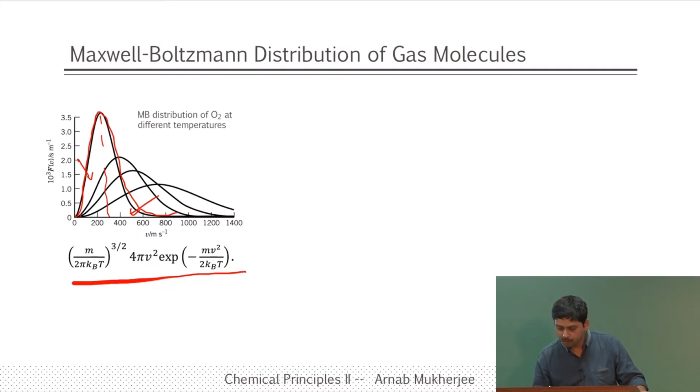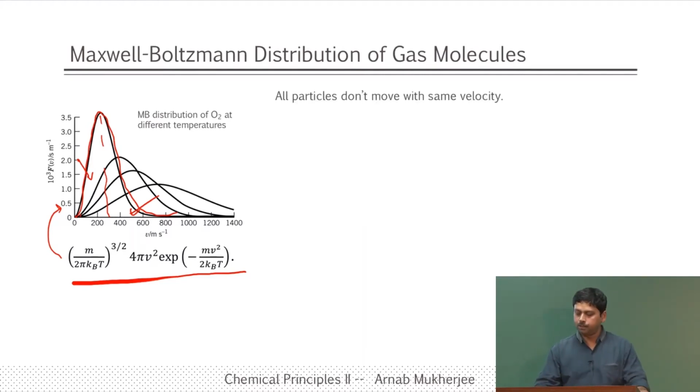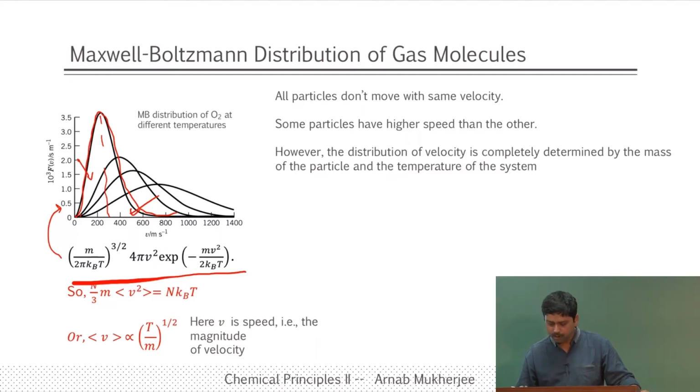If you plot this equation, it looks like this, which says that there are few particles with smaller velocities, few particles with much larger velocities, and most of the particles will have a velocity which we call the most probable velocity.